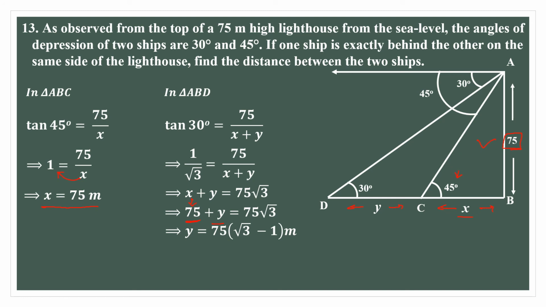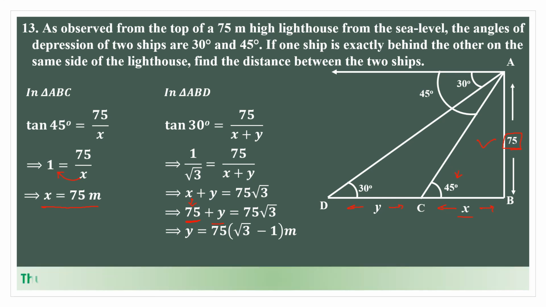Remember to write the correct unit when you are answering the questions anywhere. Otherwise, teachers have the right to deduct your marks for the same. So with this, the answer to this question is the distance between the two ships is 75 times root 3 minus 1 meter.